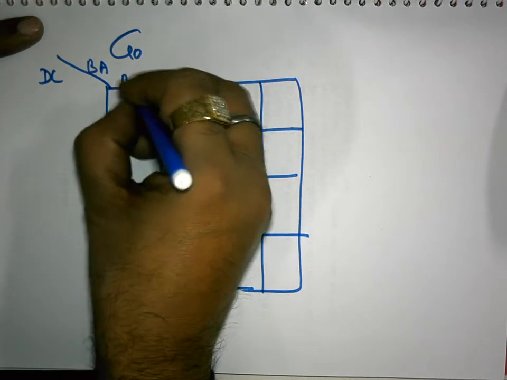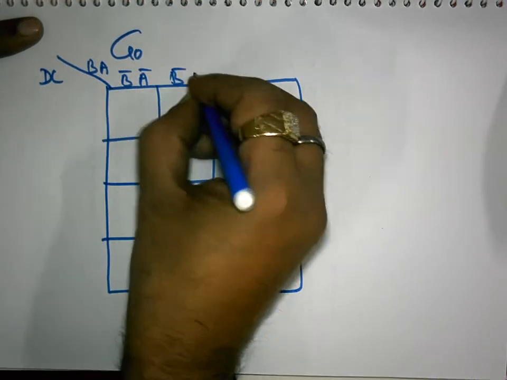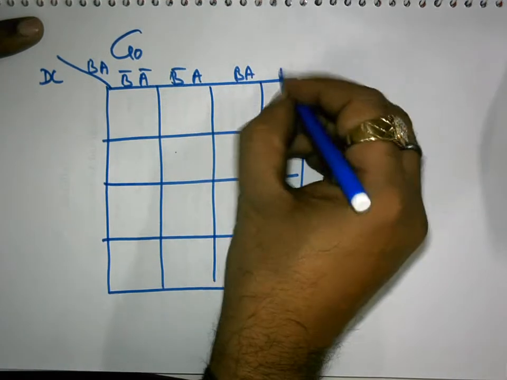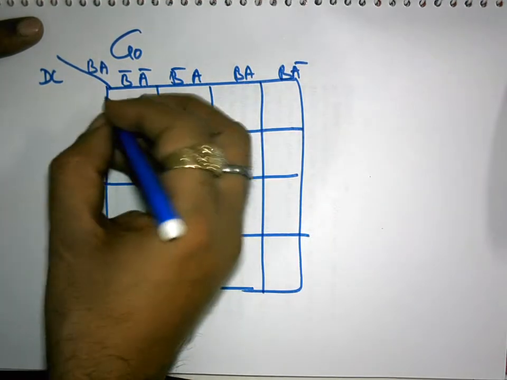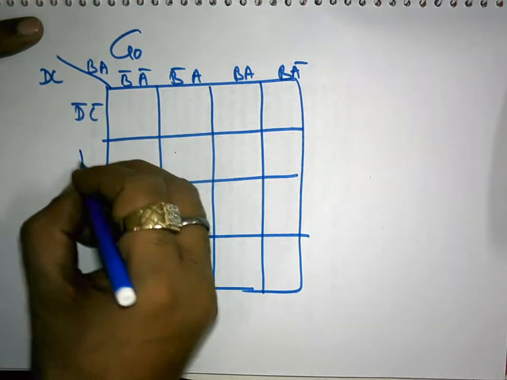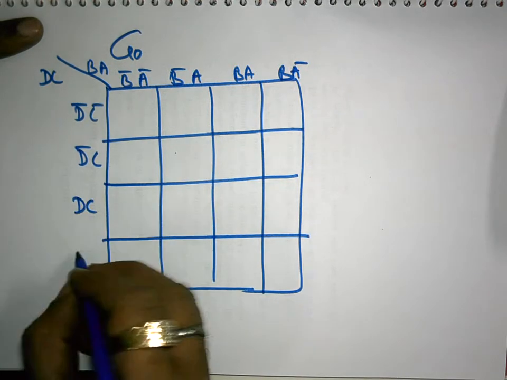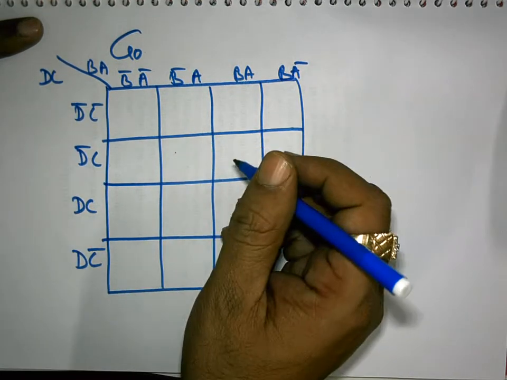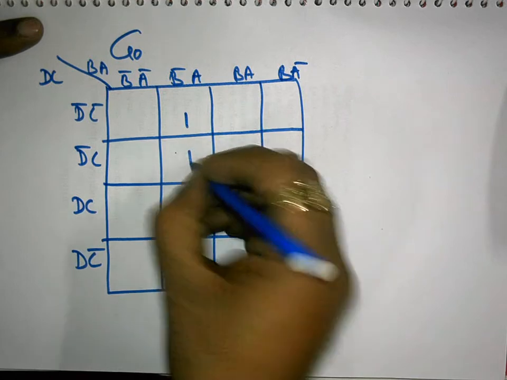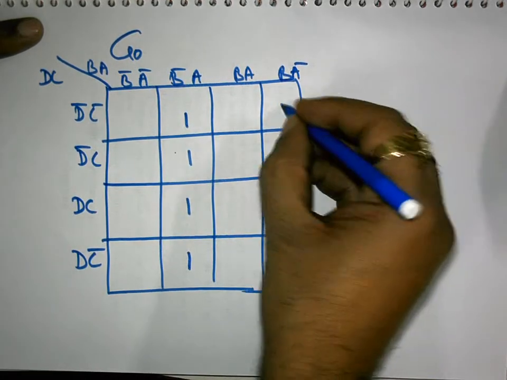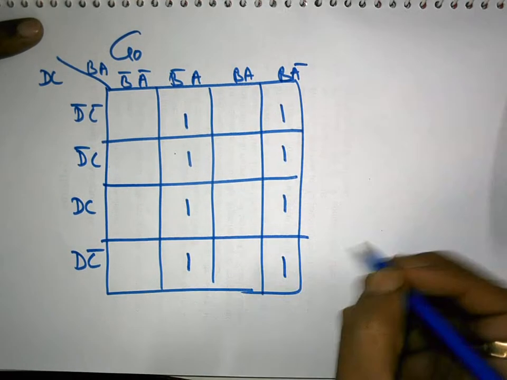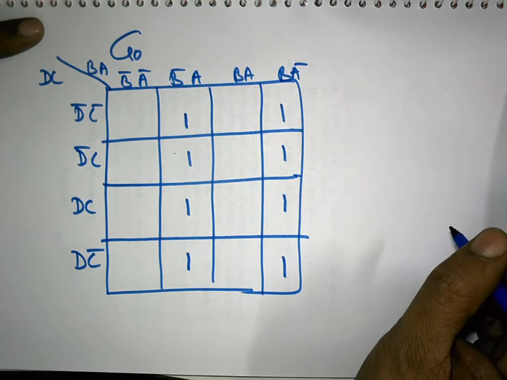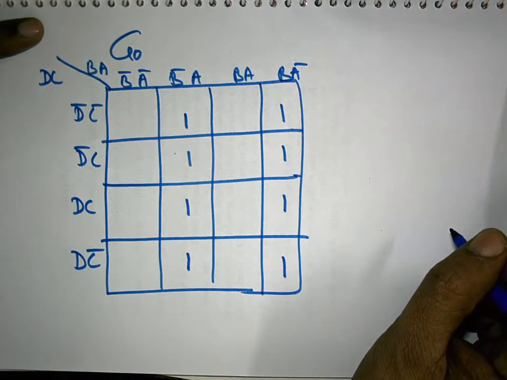So this is B bar A bar, B bar A, BA and BA bar. This is D bar C bar, D bar C, DC and DC bar. If you map it like this, you see that the ones take their position like this.